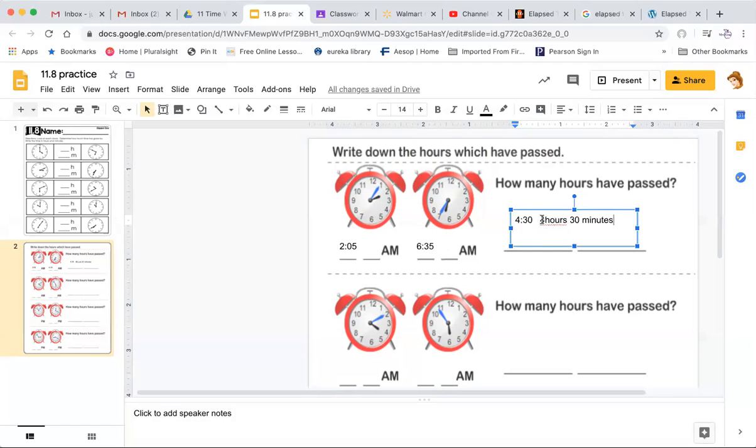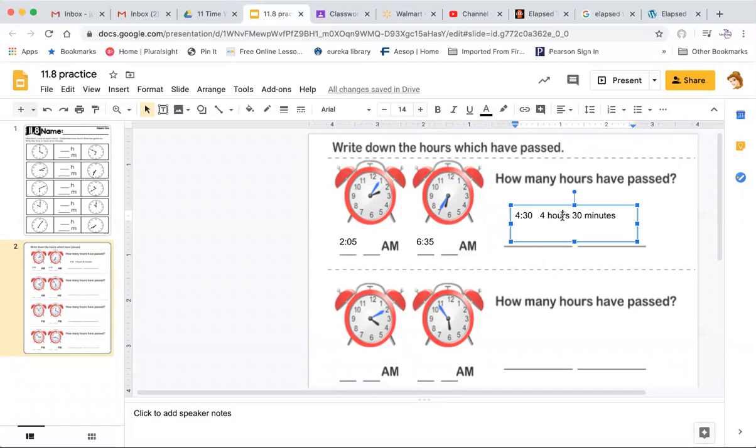I will accept either way, however you want to do it. You can also abbreviate hours. We talked about H for hours and M for minutes. Either one is fine, okay?